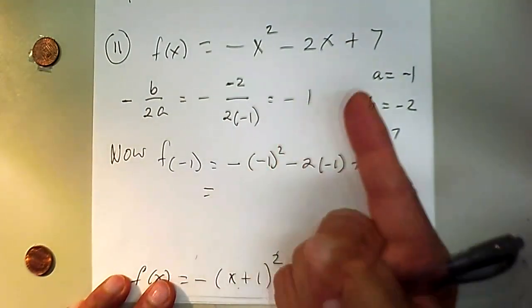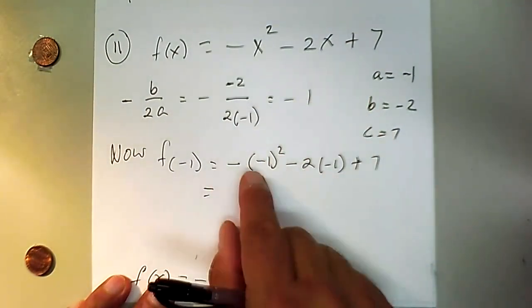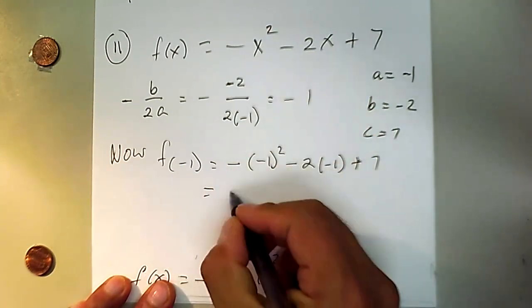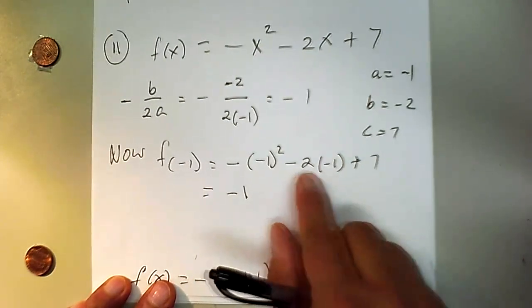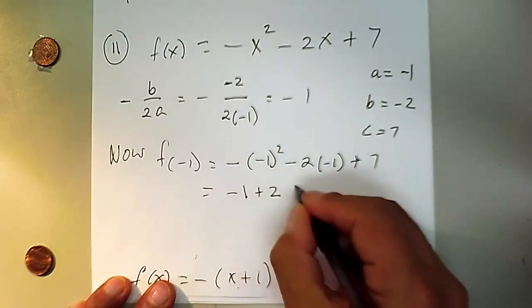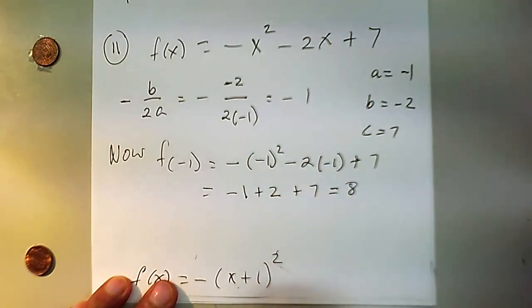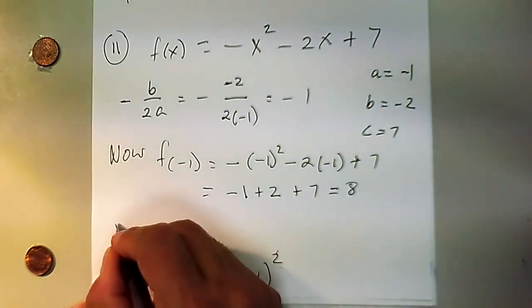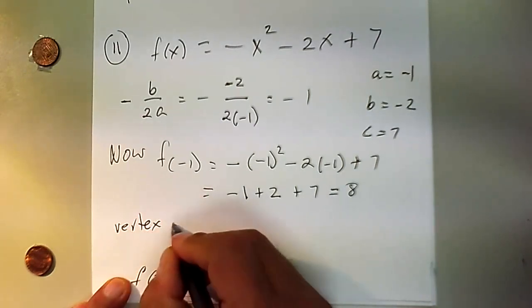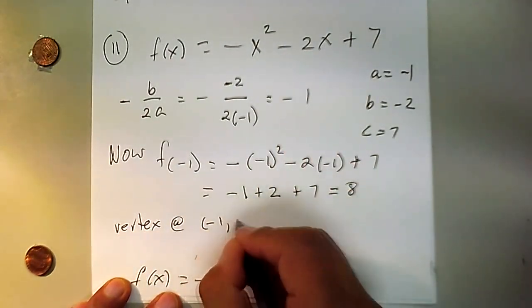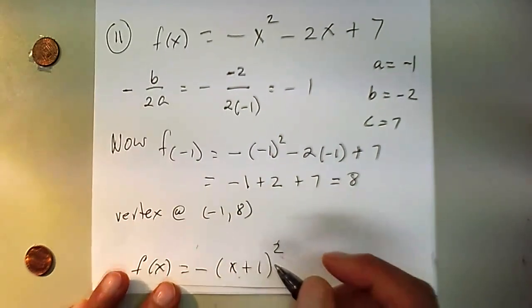Negative 1 squared is 1 with a negative, so we get negative 1, plus 2, plus 7. So that is a nice 8. So the vertex is at (negative 1, 8).